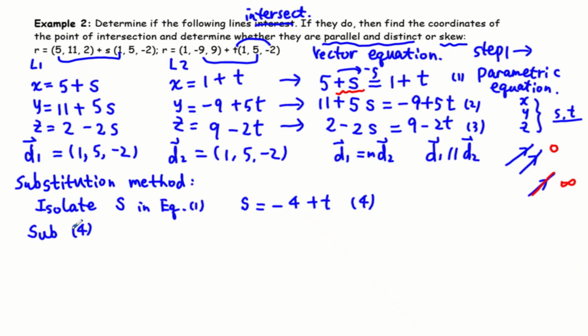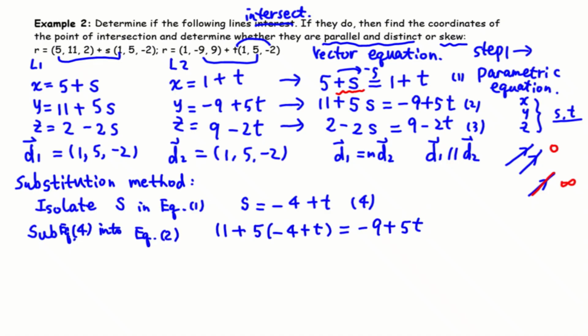Sub equation 4 into equation not 1 but another one. So we could sub in equation 2. We have 11 plus 5 times negative 4 plus t equals negative 9 plus 5t. So substitution method means we replace this s with equivalent of s.